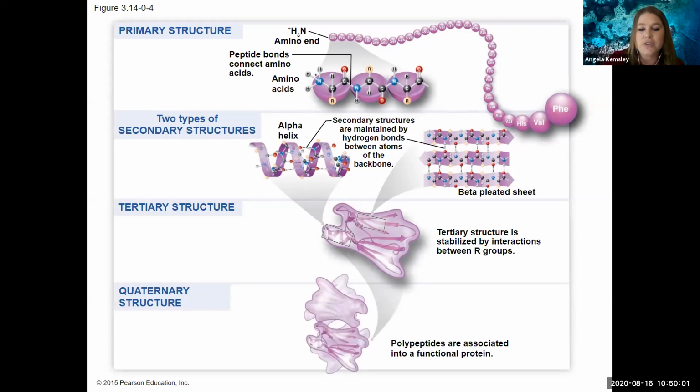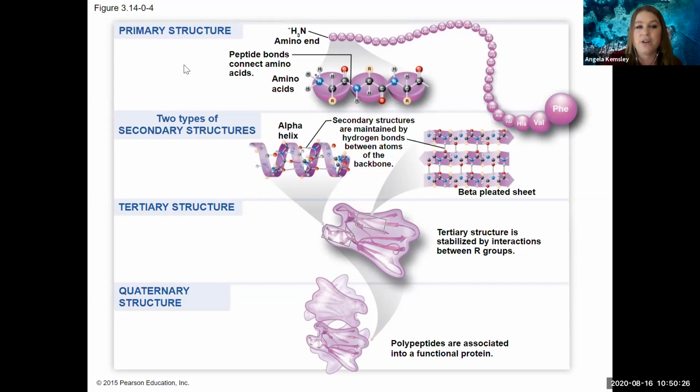And our quaternary structure is how the polypeptides are associated into a functional protein. So this is as deep as I want you to get into this. There are 4 levels of structure of a protein. This is important because the structure of a protein determines its function. If you change the structure, you affect the function or make it not function at all.